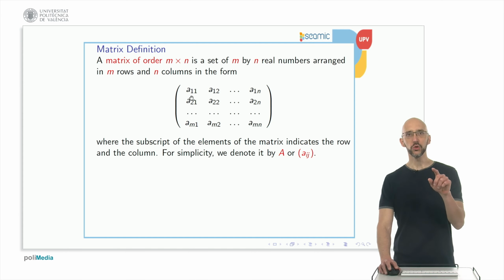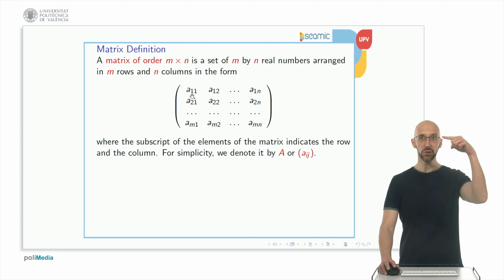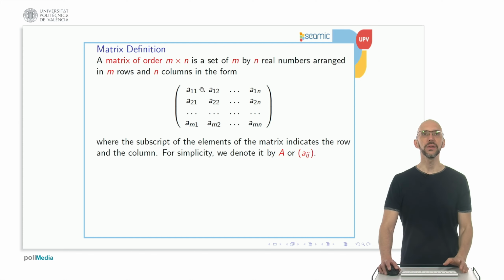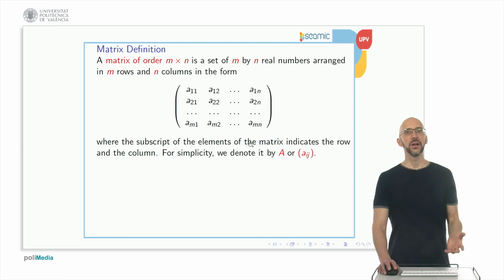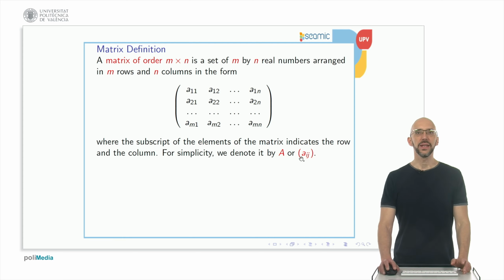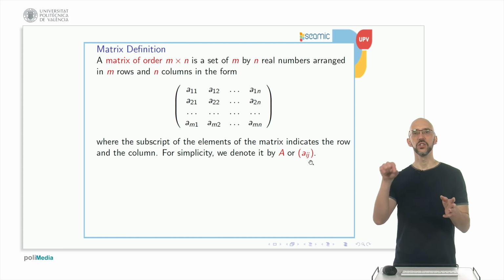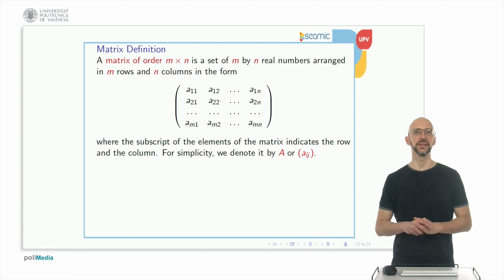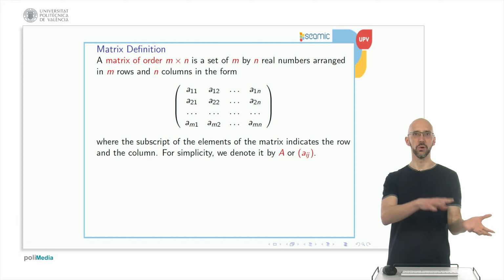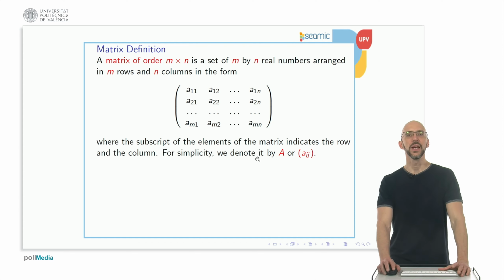The subindexes refer to the row and column, always in this order. The first number is the row, and the second number is the column in which this number is. Normally, we denote this as Aij, where A is the number and ij is its position in the arranged rows and columns. So this is a matrix.